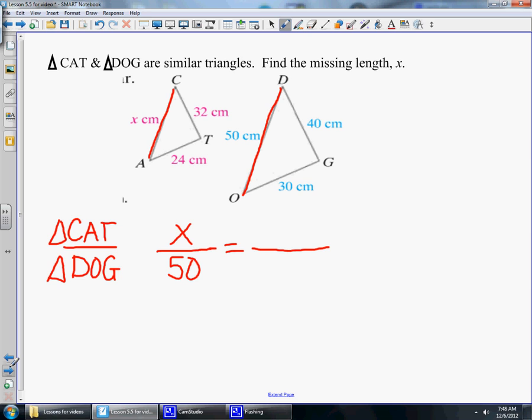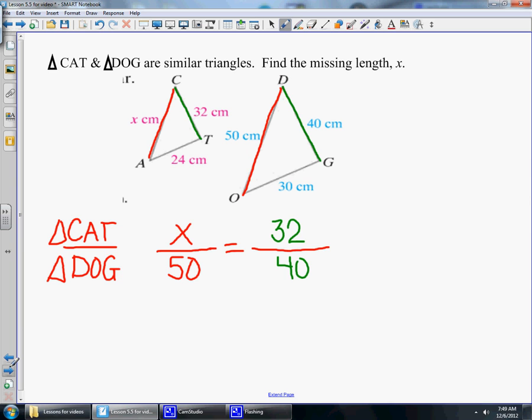Now we look at the triangles and pick another pair of corresponding sides that both have measurements. So we could pick CT, which is 32, and DG, which is 40. 32 would go in the numerator because it comes from triangle CAT, and 40 would go in the denominator because it comes from triangle DOG.